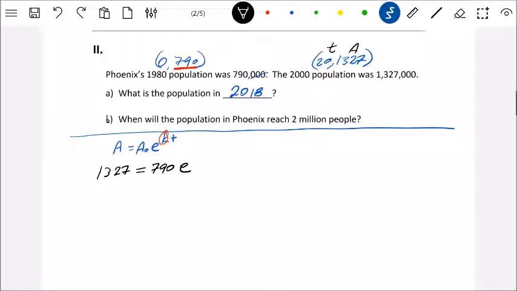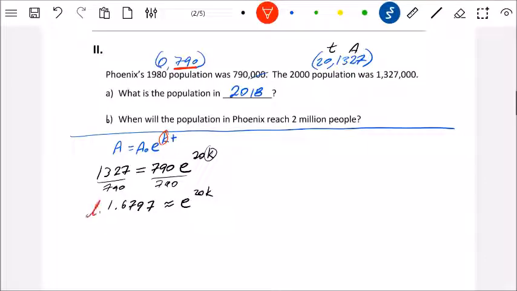That's not going to be helpful. It has to be E raised to the power of 20K. So we still want to find the K here. That means our first thing is divide by the 790. And so we get 1.6797, approximately, E to the 20K.